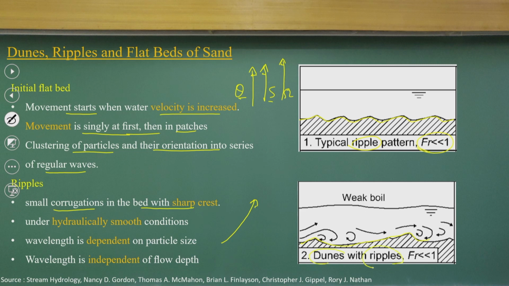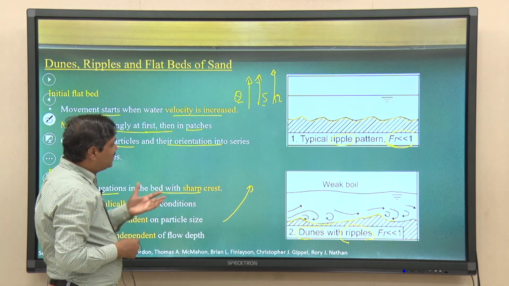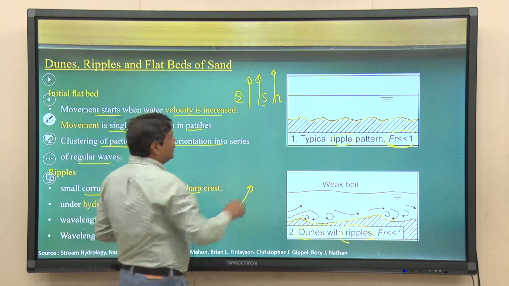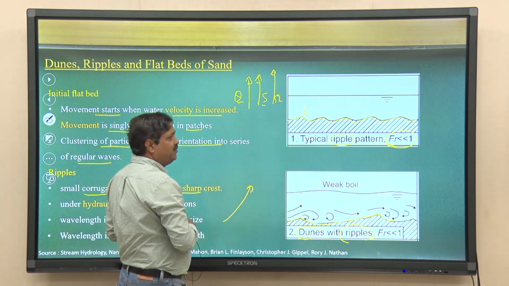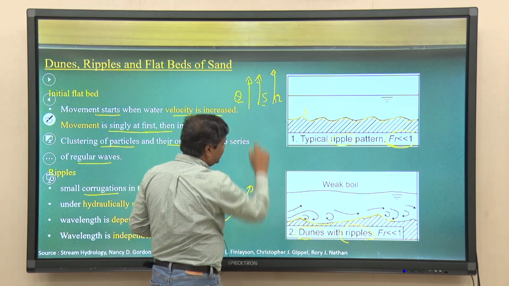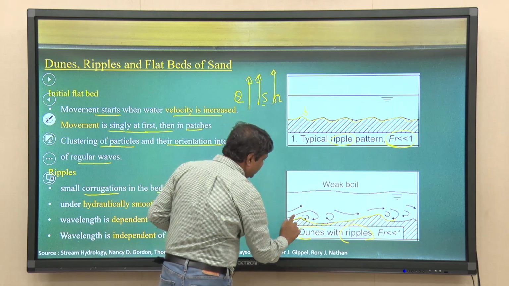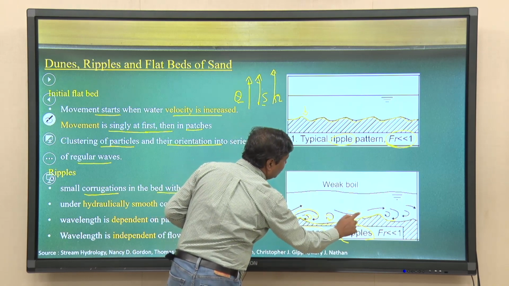You can understand this when you have channels and you increase the slope or the discharge. Initially there will be a flat bed, then ripple patterns will come. Further, if you increase the discharge or the stream power, you will have formations of flow like this.